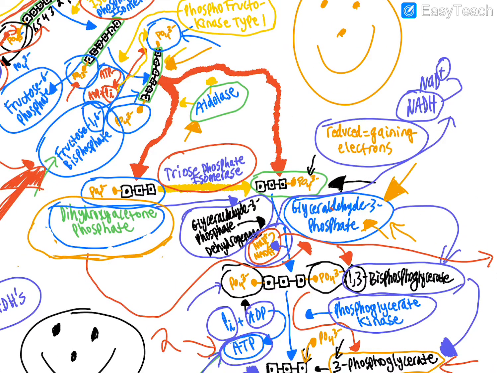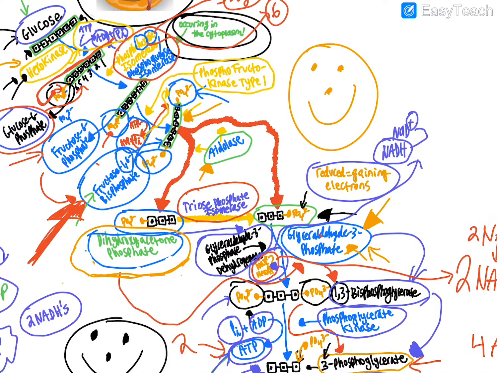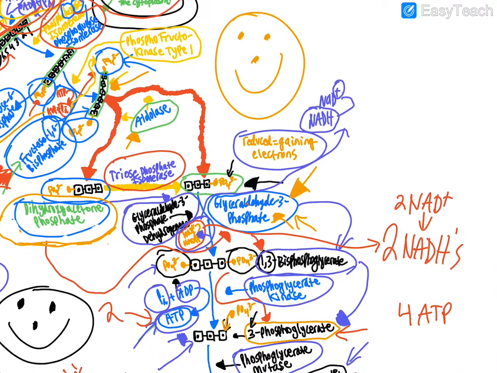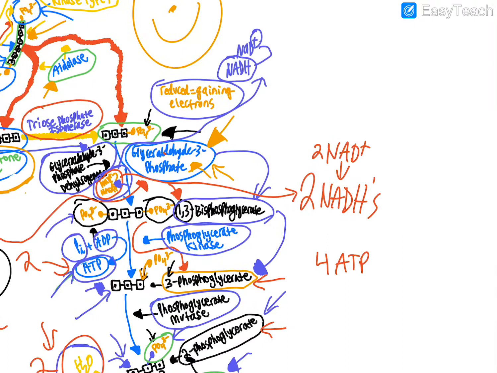So remember, we're using 1 molecule of ATP right here between glucose to glucose 6-phosphate, and then we're using 1 molecule of ATP from fructose 6-phosphate to fructose 1,6-bisphosphate, right? If you can see it, it's right here. So that's 2 molecules of ATP being used, but then we're producing 4 ATPs. So 4 minus 2 would be a net of making 2 ATPs in glycolysis. So we're making a total of 2 ATPs in glycolysis.